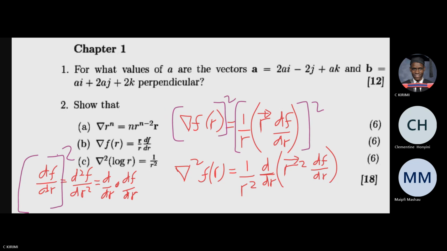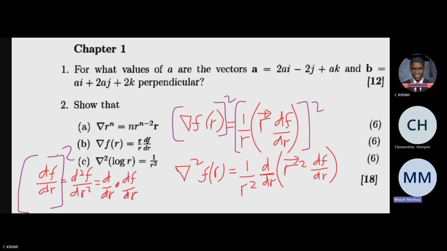That's where you found the d squared f over dr squared. I'm not sure if you differentiated it or you just split it. No, there's no differentiation there. I'm just squaring. I did not differentiate. I squared the left, I squared the right.